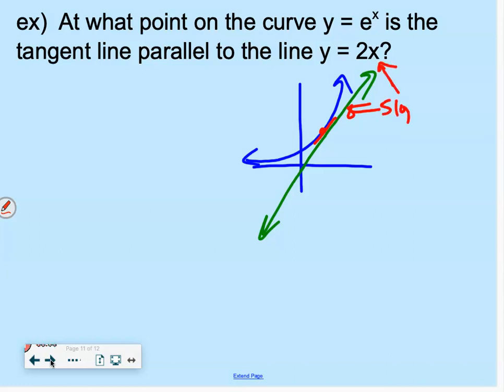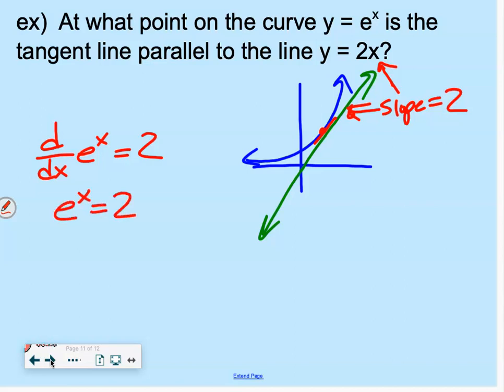The slope is 2. So we're looking for a place where the derivative of e to the x equals 2. Well, what is the derivative of e to the x? Lucky for us, the derivative of e to the x is e to the x. So we just have to solve e to the x equals 2.